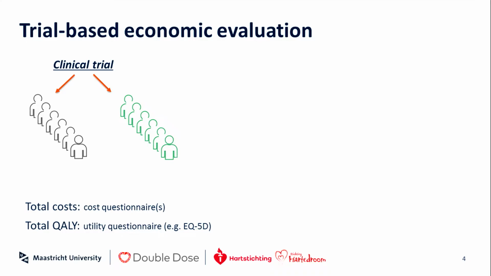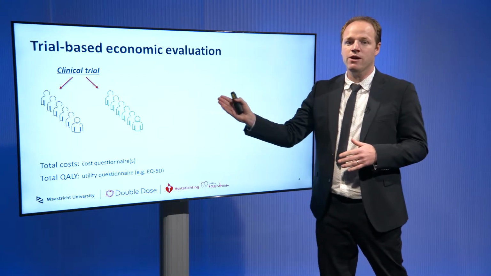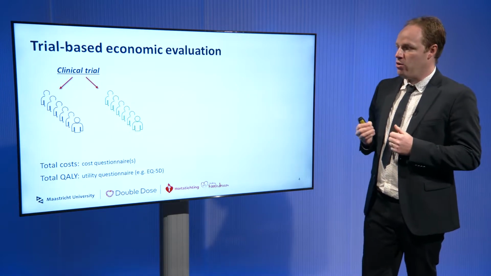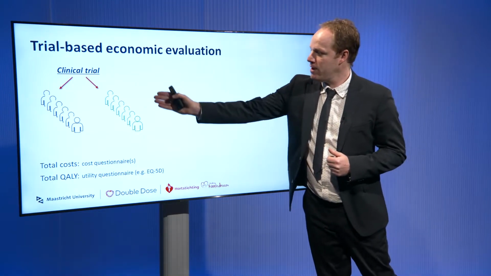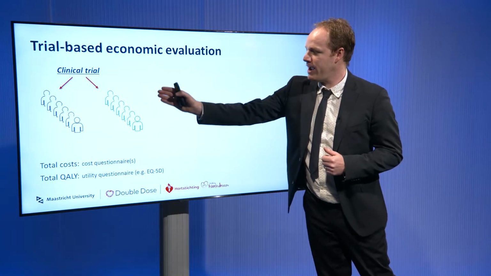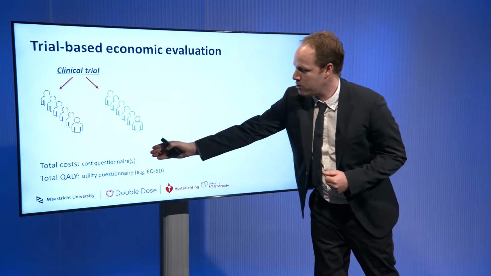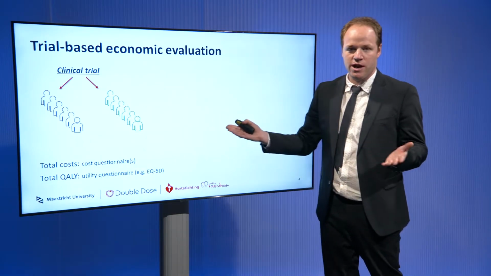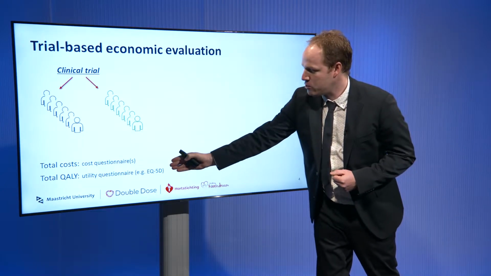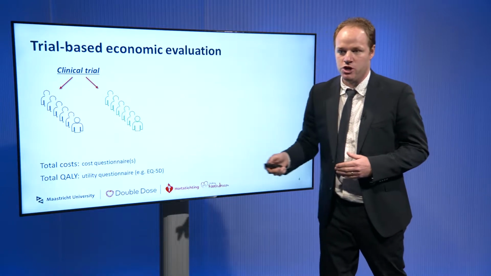In a trial-based economic evaluation, as mentioned in the name, we have a clinical trial and we collect economic data alongside the clinical trial. So, for example, we have treatment A and the comparator treatment. We have our patients and we will collect the cost of each of our patients in the trial with a cost questionnaire, and we will also collect some utility, for example, with the EQ5D questionnaire.